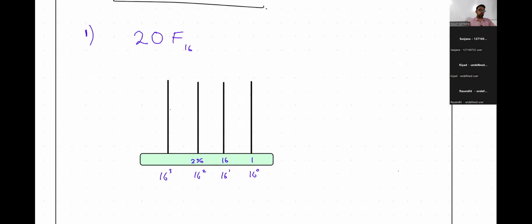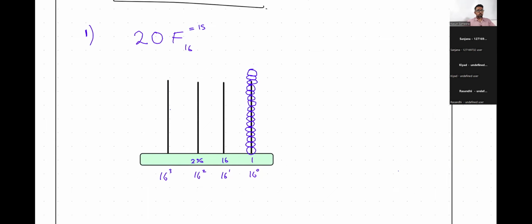It is 15. Okay, the total number of symbols we can represent is 15. F means 15. That means you can draw 15 circles: 1, 2, 3, 4, 5, 6, 7, 8, 9, 10, 11, 12, 13, 14, 15.